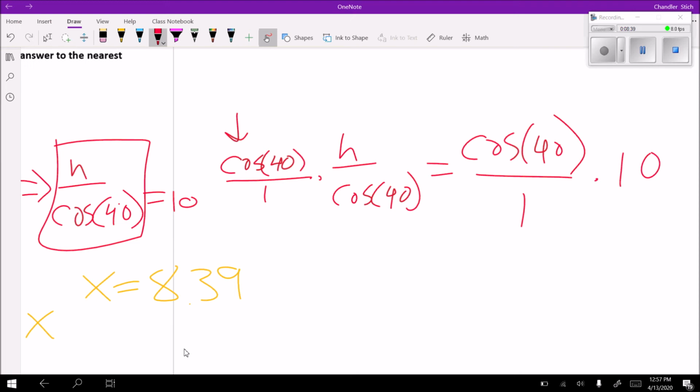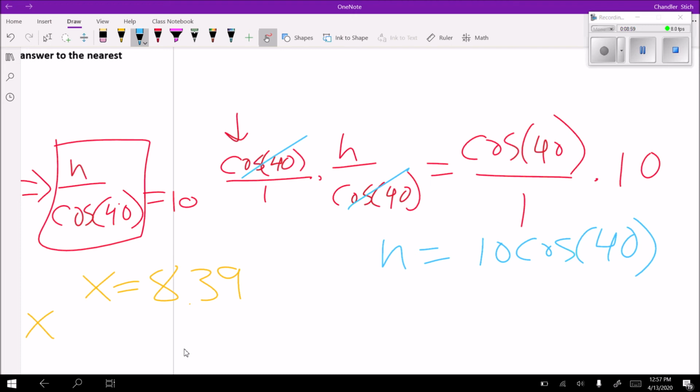Alright, these are going to cancel. What am I left with? H equals 10 cosine of 40.